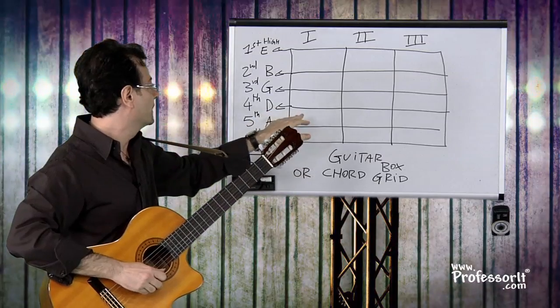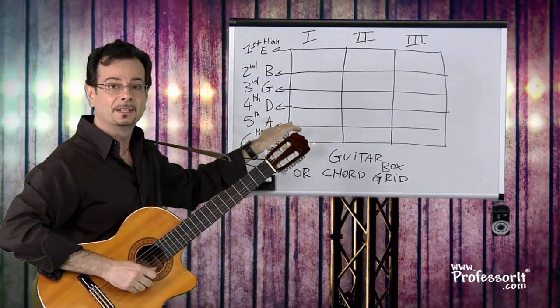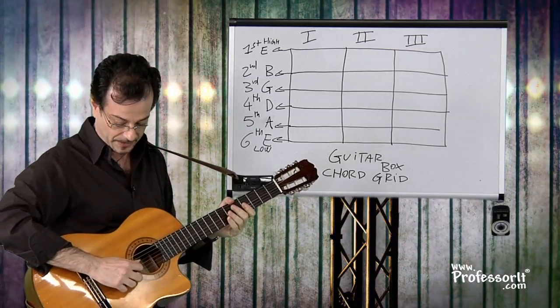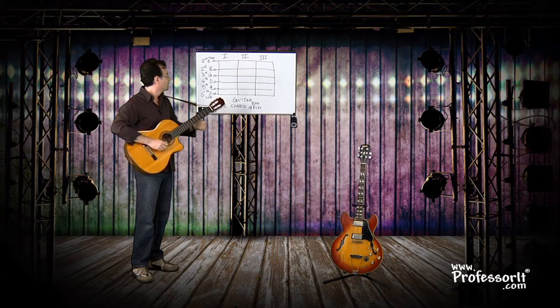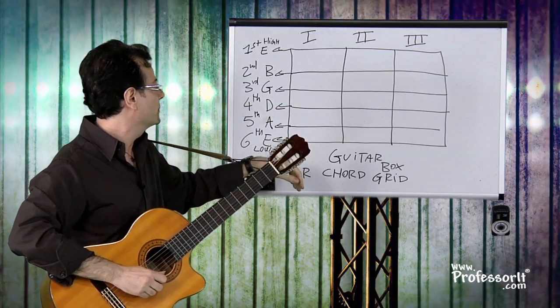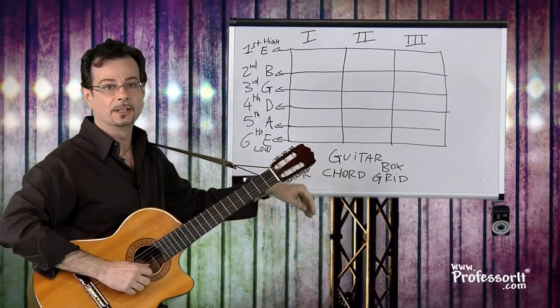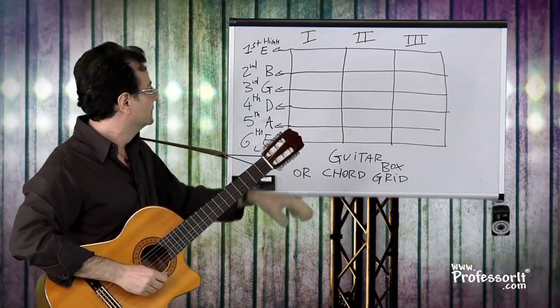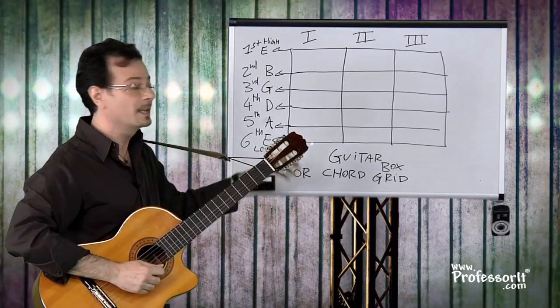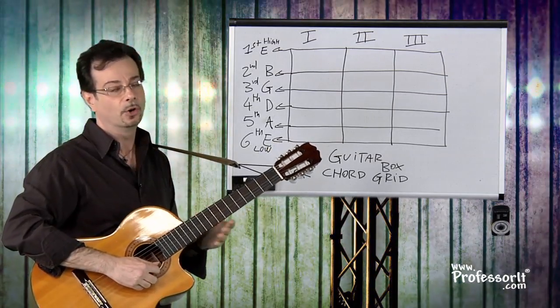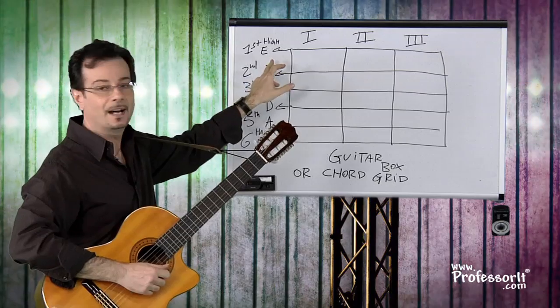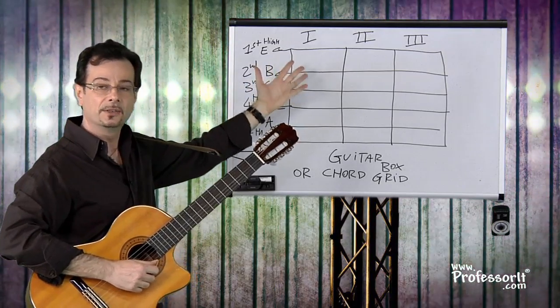And then the fourth line is representing the fourth string, of course, or the D string right here. Third line is representing the G string, or the third string. The second line is representing the B string, or the second string. The top line is the high E string, or the first string.